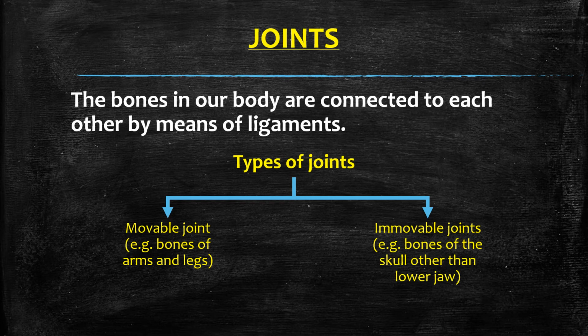Examples are bones of arms and legs. Next is immovable joints. Examples, bones of skull, but exception is lower jaw because all other bones of skull you can't move except lower jaw, which you can move. While talking also you are moving your lower jaw.